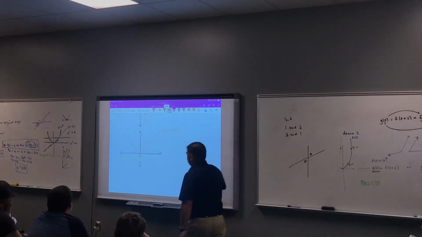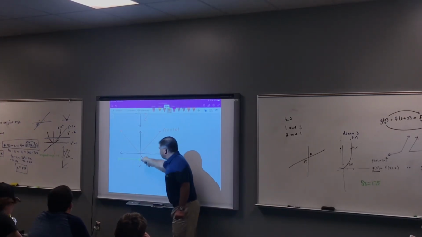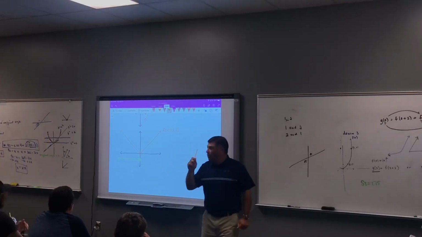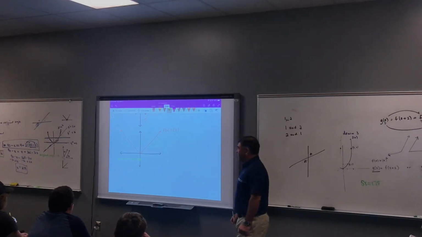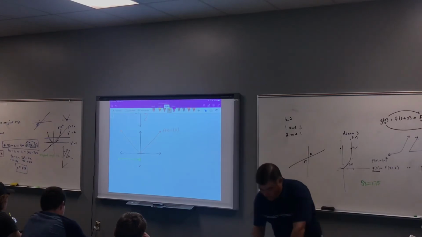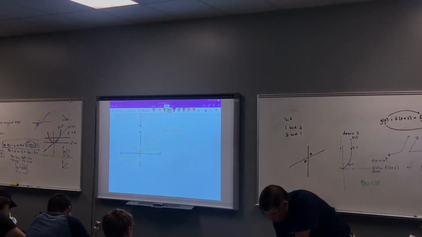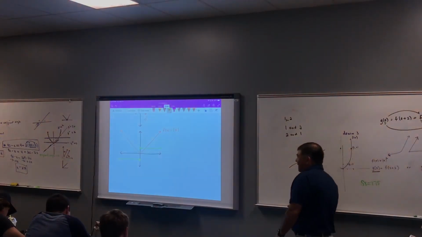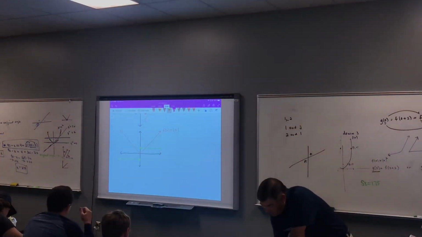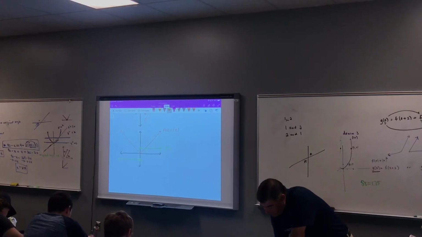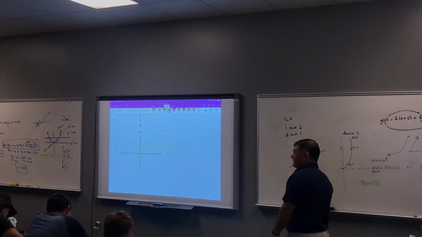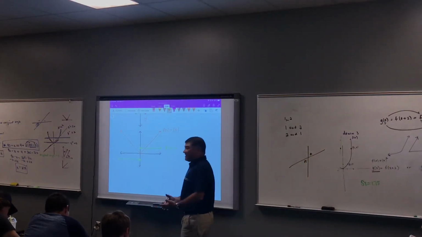But let's continue here. From 0 on to infinity, what will the slope of the tangent line be? 1. Okay. Open circle on to infinity. And that green line is f prime of x. But what does f prime of x equal? Let's get an equation.